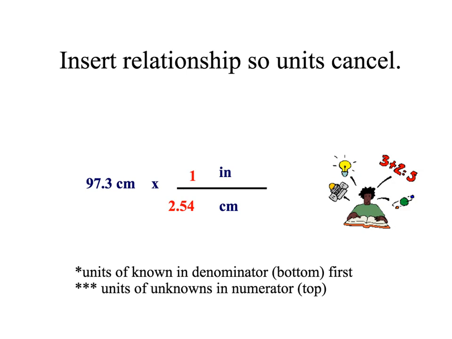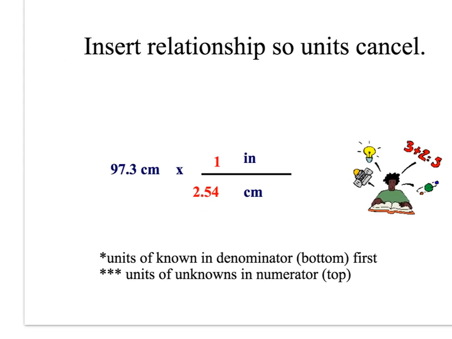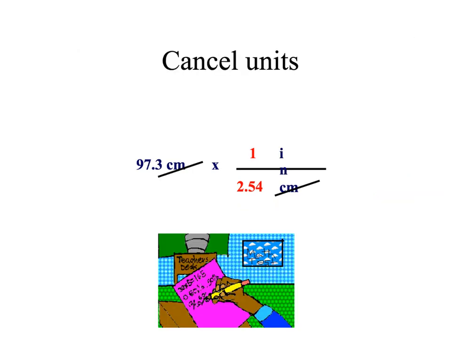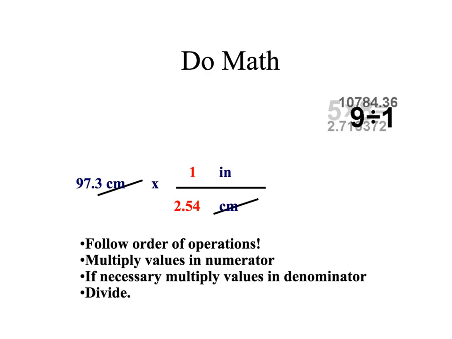We're going to put this ratio or conversion factor into our work in such a way so that the unit that we started out with, centimeter, is in the denominator because we're going to want those to cancel. Then we're ready to cancel our units and do the math.